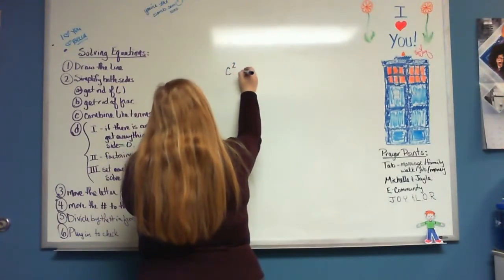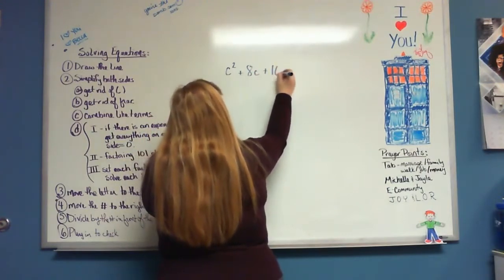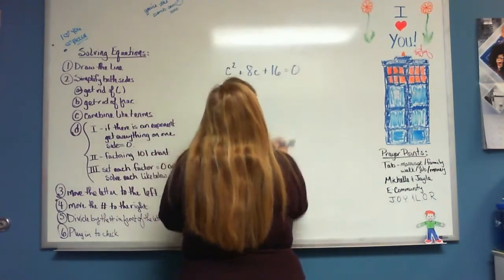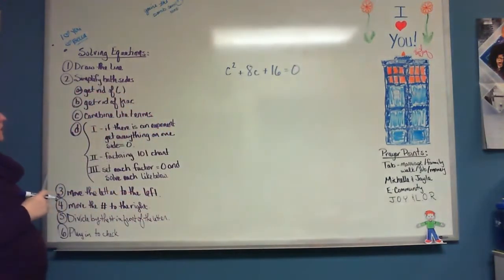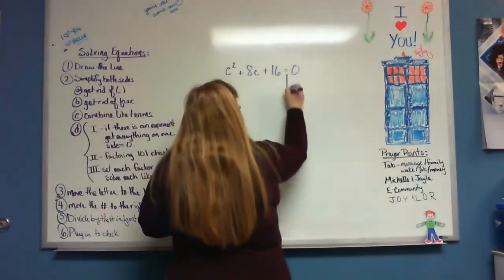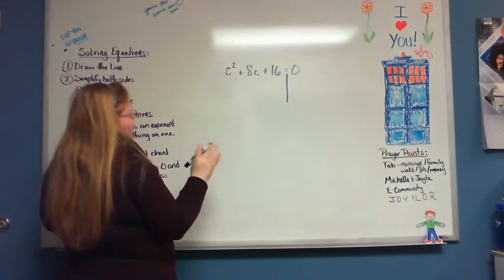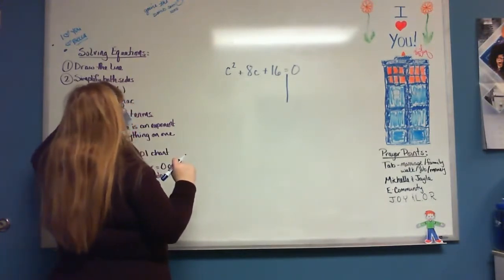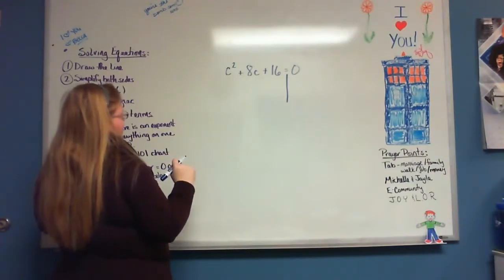c squared plus 8c plus 16 equals 0. I'm supposed to draw my line. Supposed to simplify both sides. They're as simple as they can get, because we don't have any parentheses, don't have any fractions, don't have any like terms.